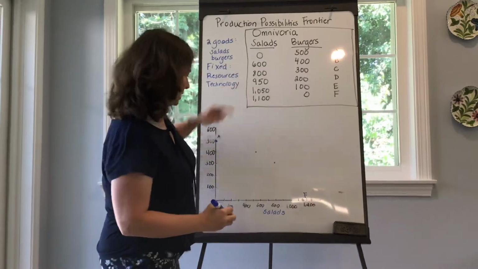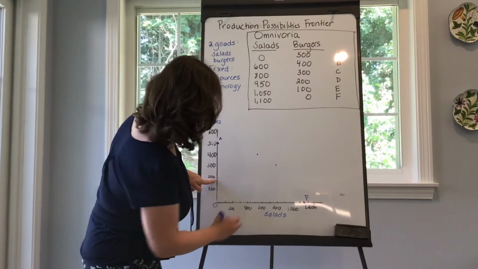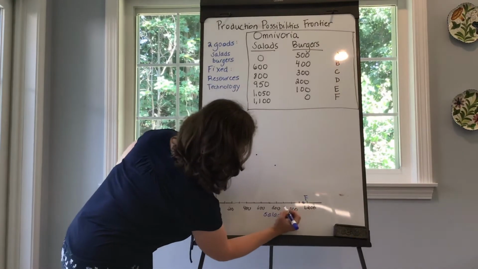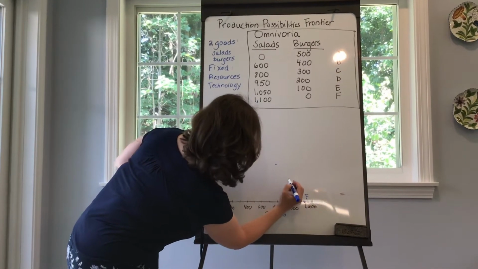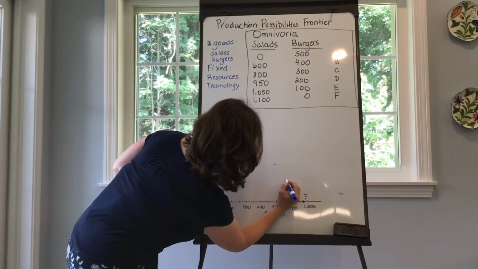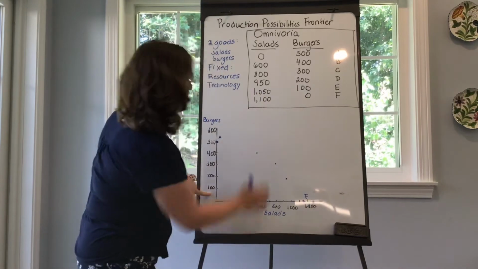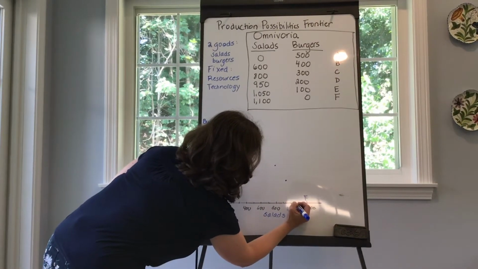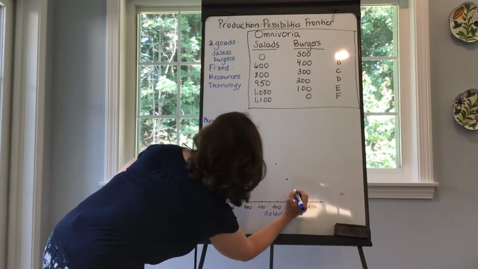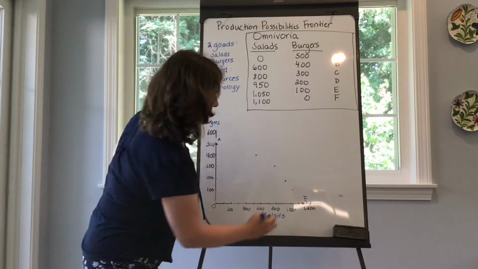At point D, 200 burgers and 950 salads. So there's 900, 1,000 right in the middle there. So we'll say 200. And at point E, 100 burgers, 1,050 salads. So this is right here, halfway between 1,000 and 1,100.